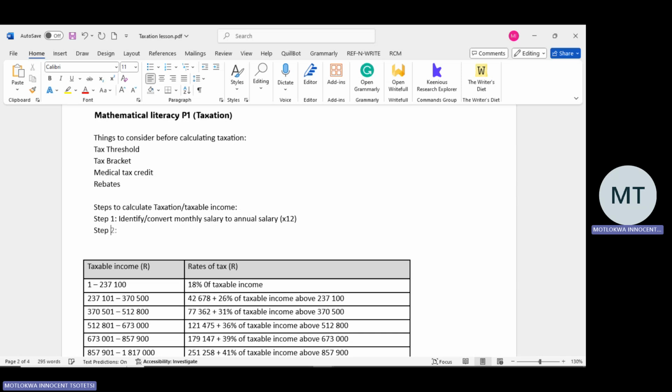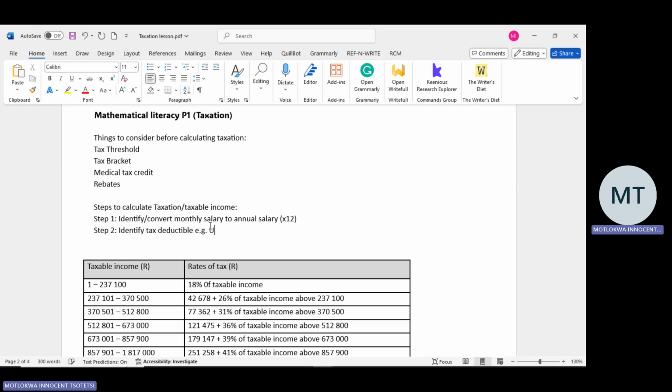Then step number two is where we identify tax deductible items. When it comes to tax deductible items, we can include fringe benefits.